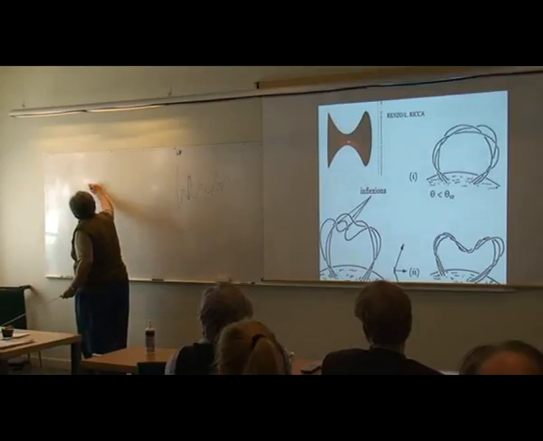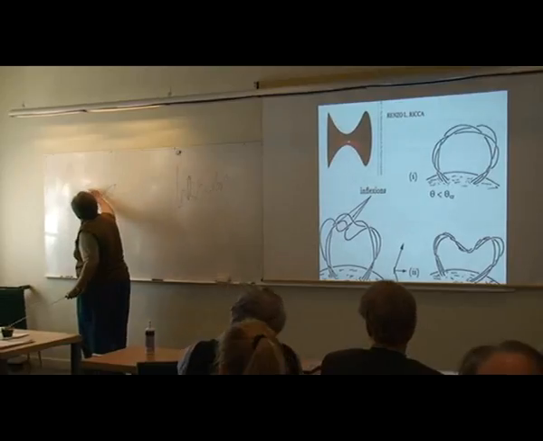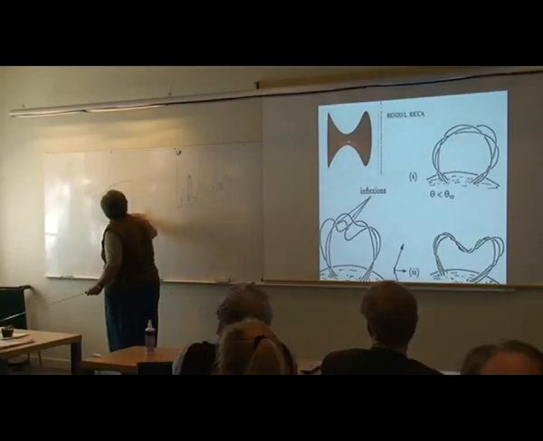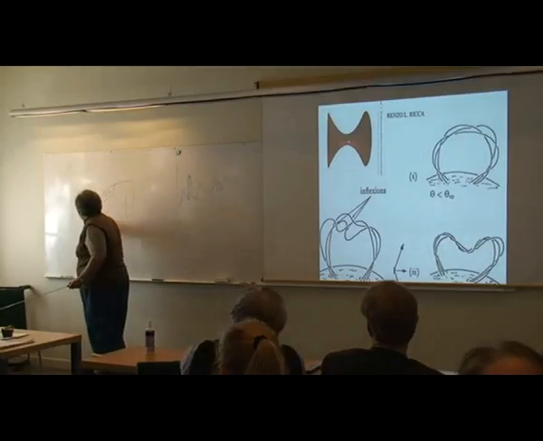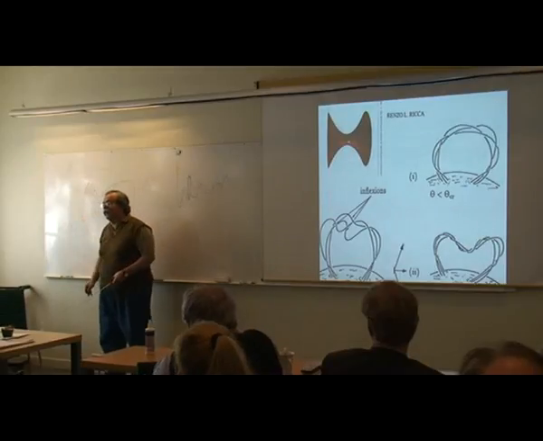Imagine that this is on the tube. You have something like that. It's just a piece of the tube. This piece of surface here is a saddle, negative curvature.